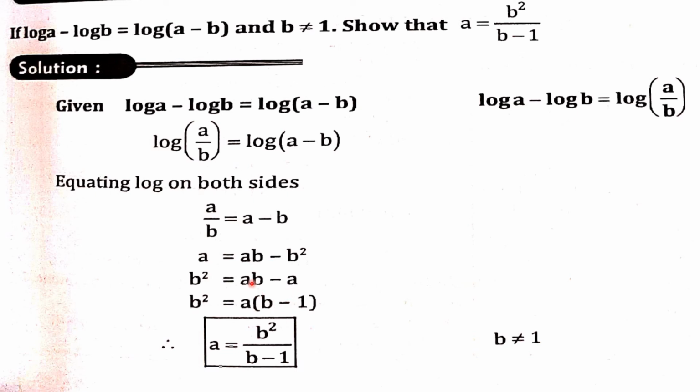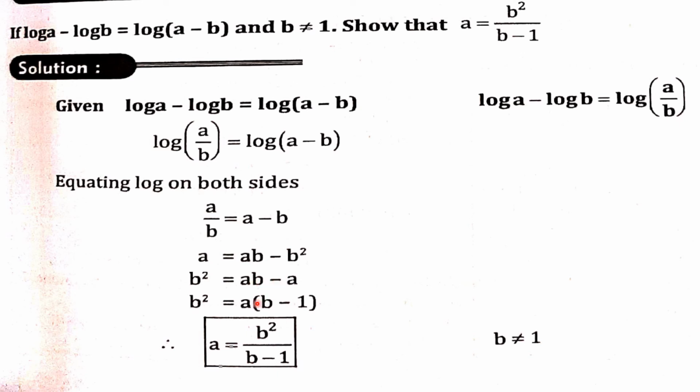So always make sure whenever you have something called RHS and whenever you want to prove like this. So here you get a is equal to ab minus b square, right? From here make sure what has to be in RHS. According to that you substitute in the equations. So you need b square separately. So that is why you took b square aside and you took ab minus a. Why? Because you have a as common.